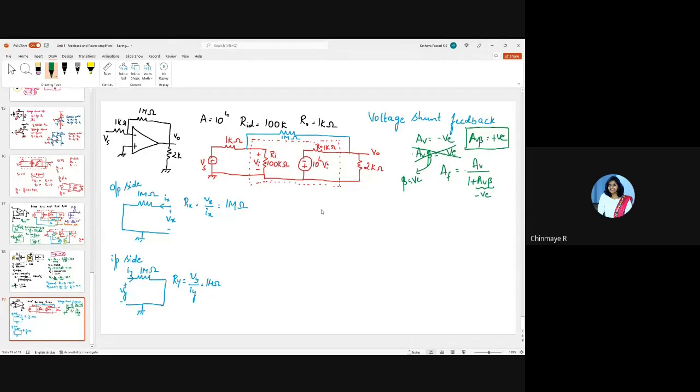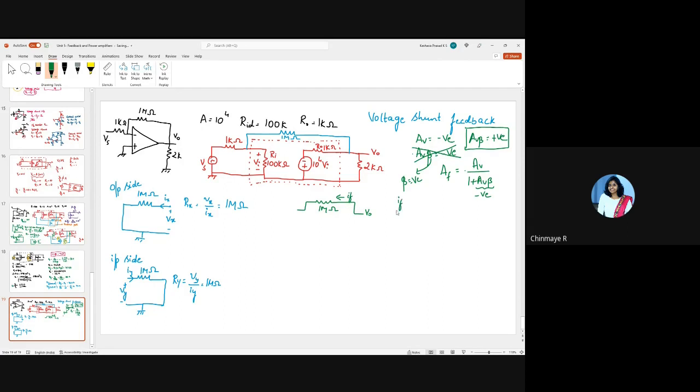Okay, we'll go ahead now. We have to find out beta, no? We have to find out beta. So how do we find out beta? So you have 1 mega ohm here, correct? So you have the output voltage here, and then you will have to find out what is the current flowing through this feedback resistor IF, right?